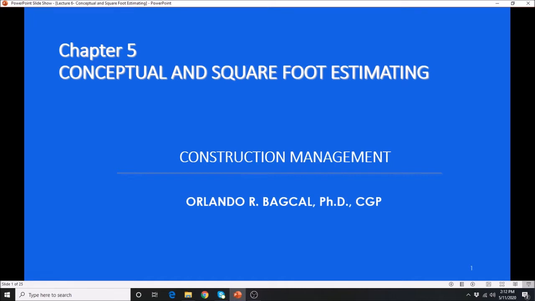The conceptual estimate is usually developed at the beginning of the project, when you are starting to conceptualize, when you are trying to write the project programming or the concept of the project.